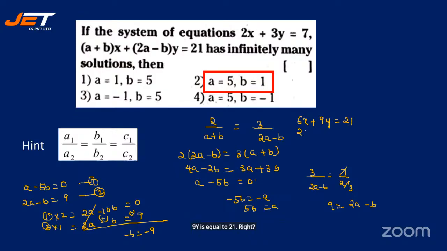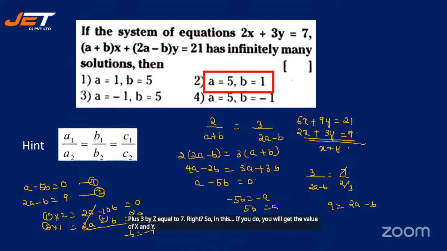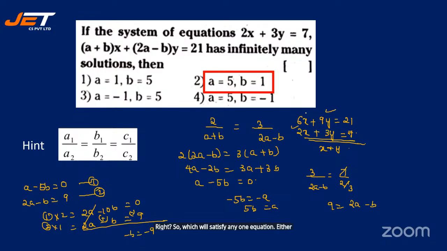Now you have 2x plus 3y is equal to 7. In this, you will get the value of x and y, which will satisfy either this equation or this equation.